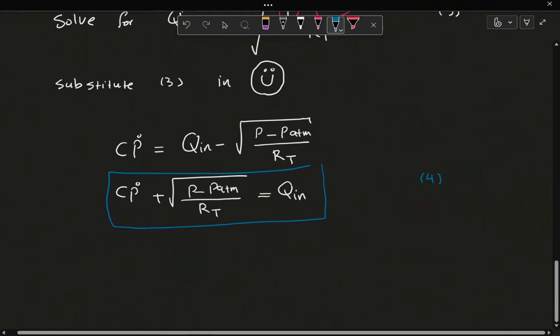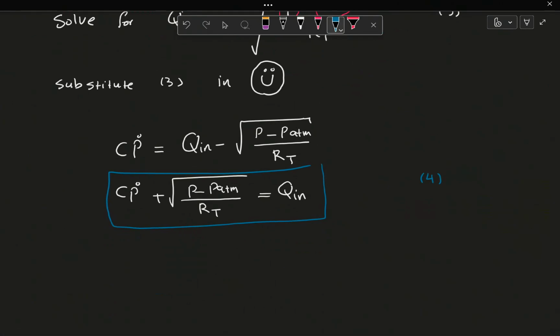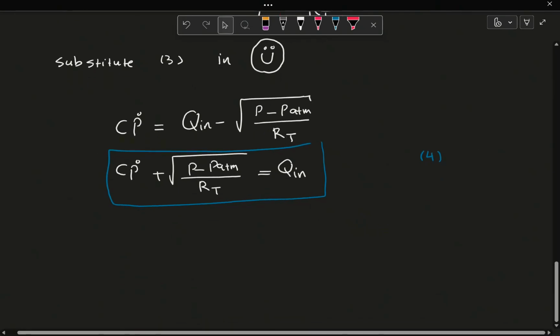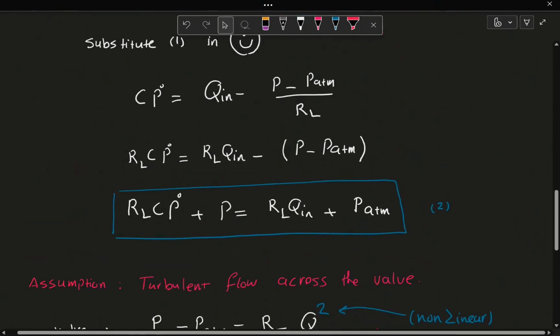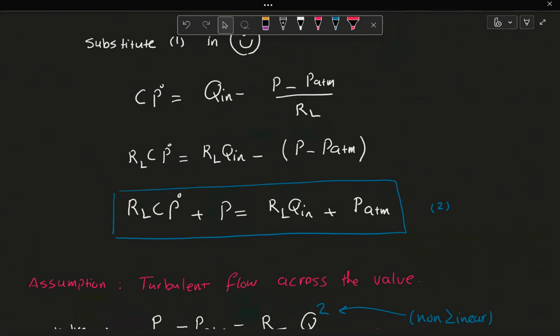Good? Okay. So the last thing that we want to do is work with equation 3, equation 4 and equation 2, and reformulate these dynamics in terms of the fluid height.